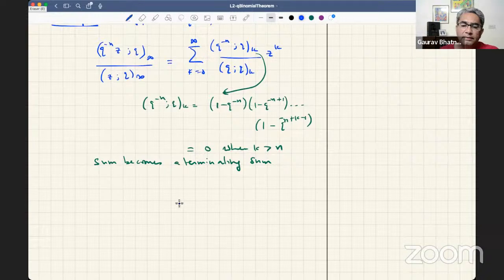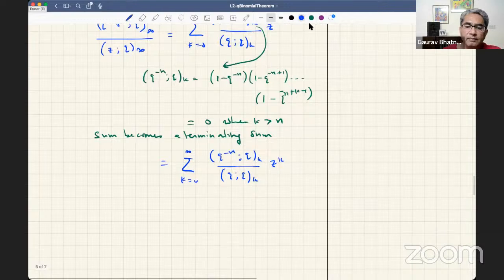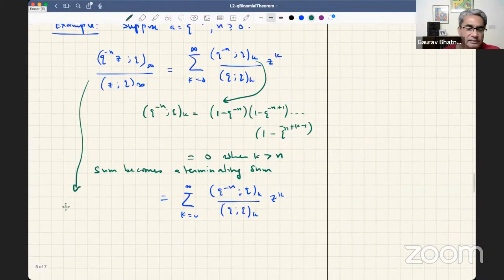And we get the summation of (Q^−N; Q)_K over (Q; Q)_K times Z raised to K. On the left-hand side, you will get 1 minus Q^−N Z, 1 minus Q^(−N+1) Z, and so on.